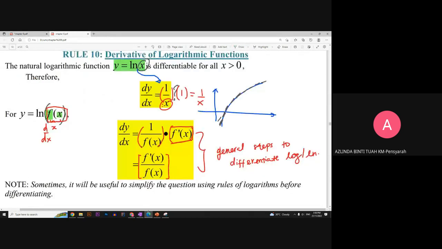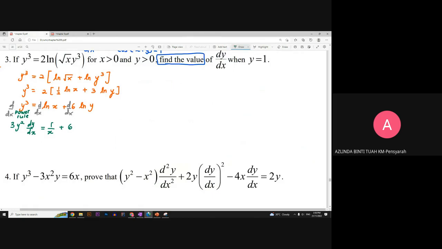Okay, ln y, how to differentiate? We're going to use this one, ln y. So it means that it's going to be 1 over y times differentiate the y. Okay. So it's going to be 1 over y times differentiate yang bawah. Means that differentiate y. Okay, expand.